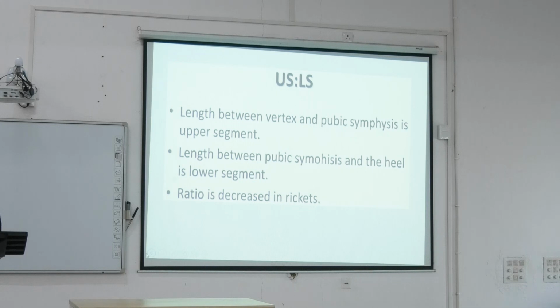This is the upper segment. You can measure the upper segment and subtract it from the height to get the lower segment. Or you can measure the lower segment and subtract it from the height to get the upper segment. So the ratio is altered in many conditions. Decade is one of them. Okay.